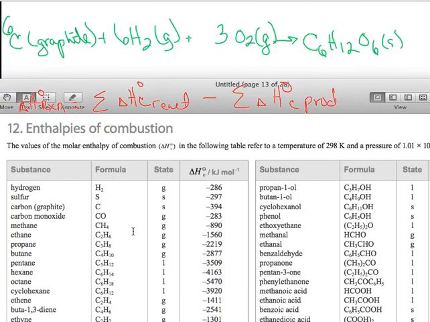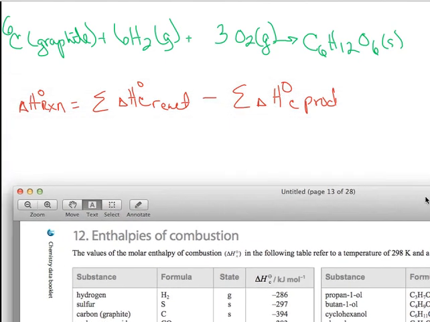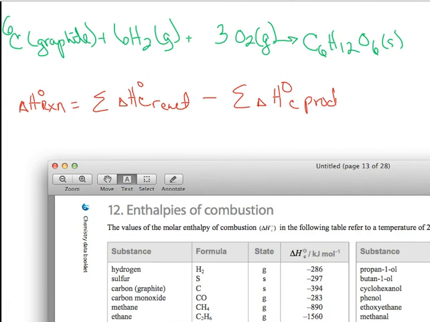So I want to pull this table in. I will get 6 times the graphite. Graphite is negative 394 kilojoules per mole, plus 6 times hydrogen.